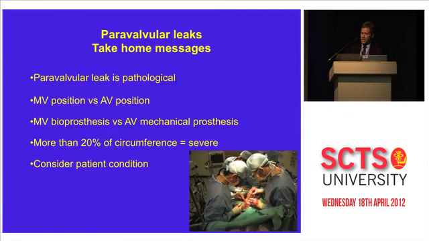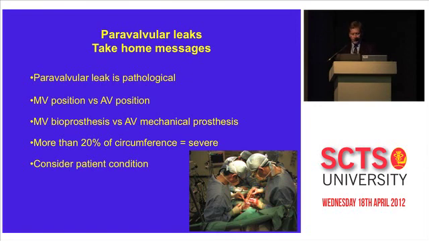So the take-home message here is that paravalvular leak is always pathological. Okay? It does seem to happen equally in the mitral valve and the aortic valve position. However, in the mitral, it's usually a bioprosthetic valve. In the aortic, it's often a mechanical valve.